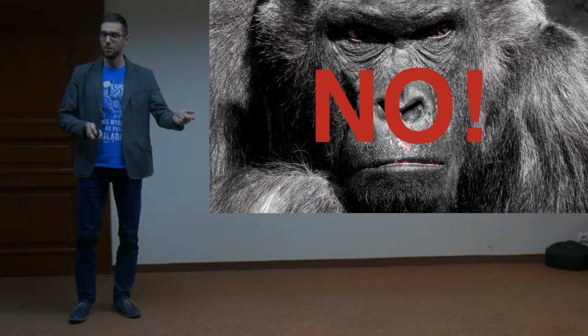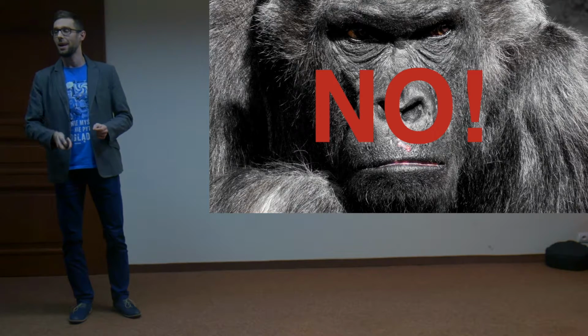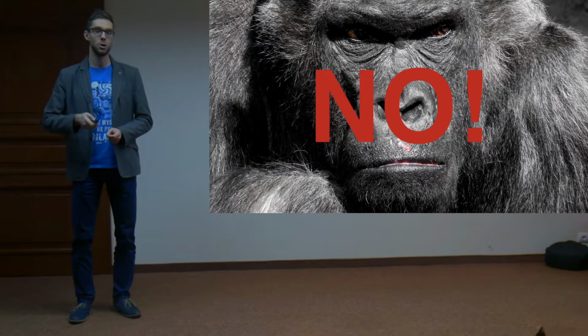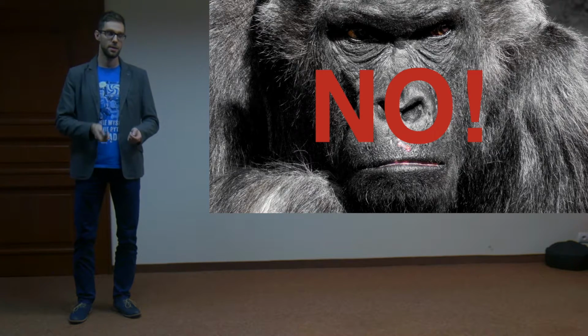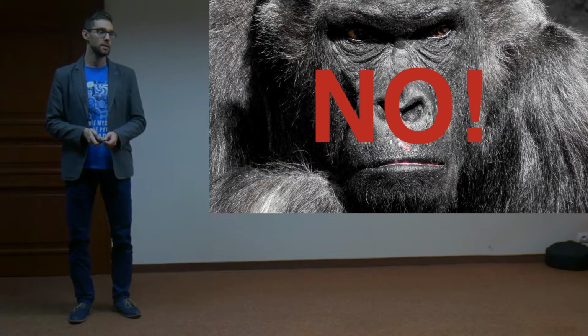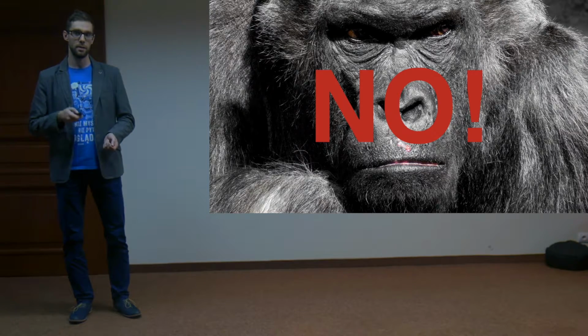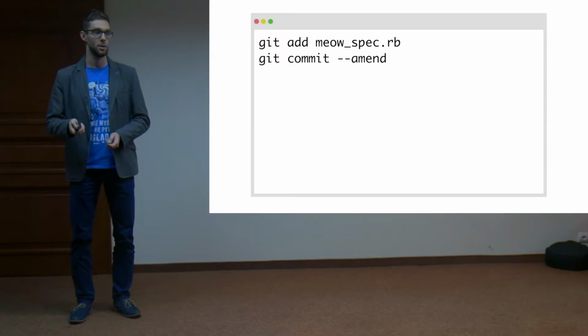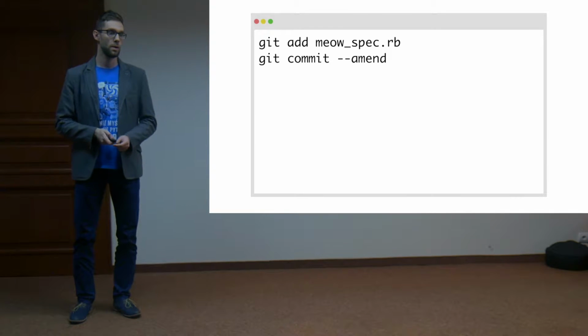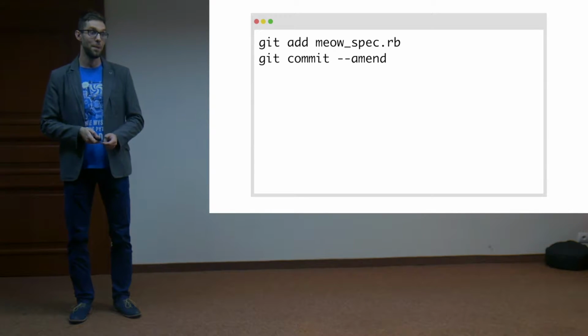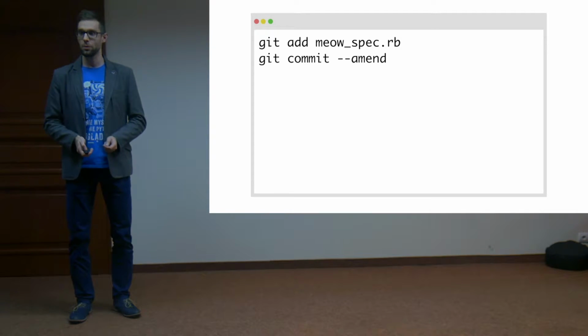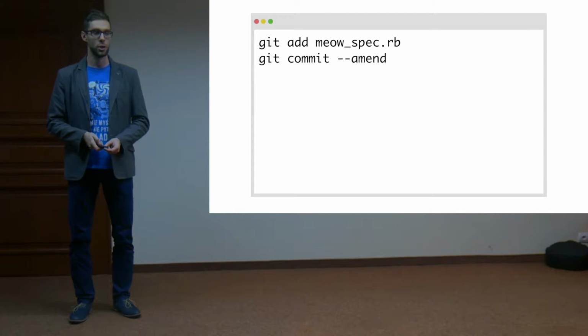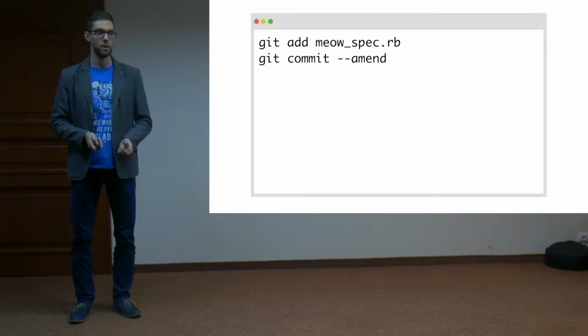I don't think so. Because if the change could have been merged with the previous one, we should not add a new commit unless the changes were already pushed to the master. So let's see what we can do to amend the situation. First we're just adding changes to the staging and committing with --amend.